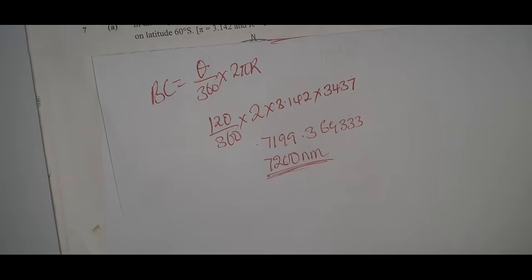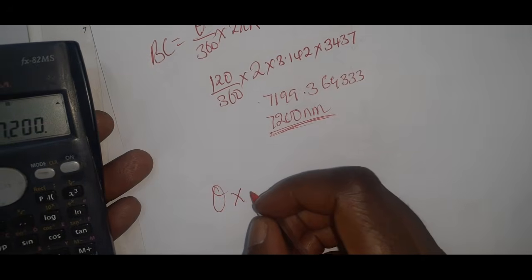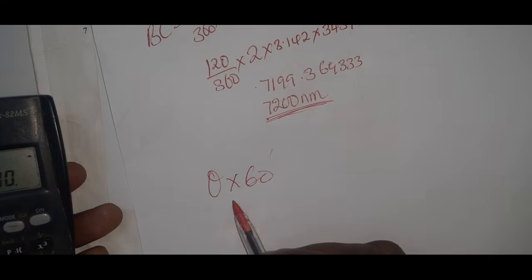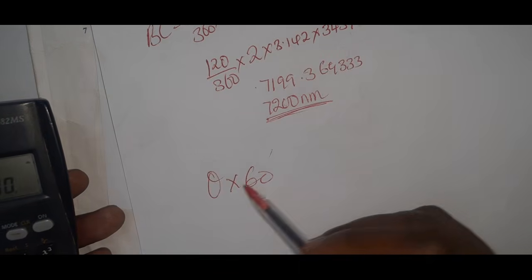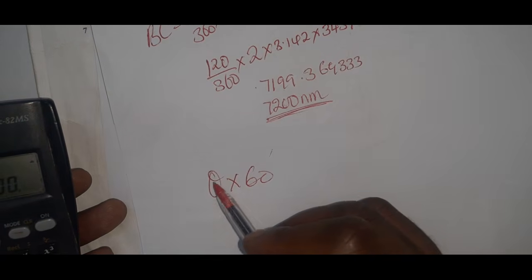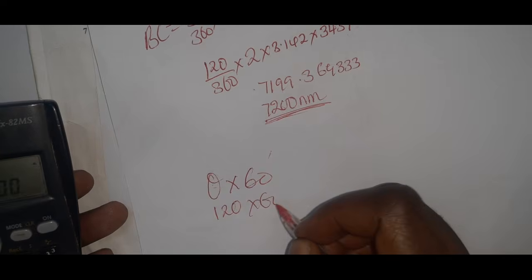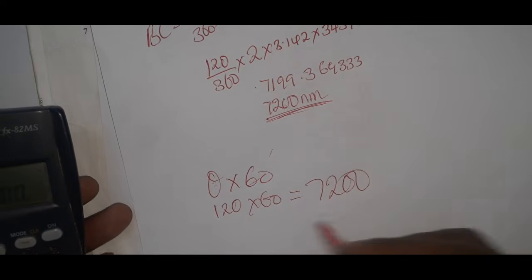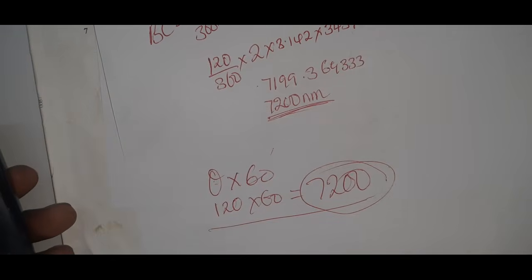Now take note that we can also use a formula which is multiplied by 60, where we are dealing with nautical miles. It is the same thing that we wrote here, 120 multiplied by this one will give you directly this one. So that is the answer for the first question.